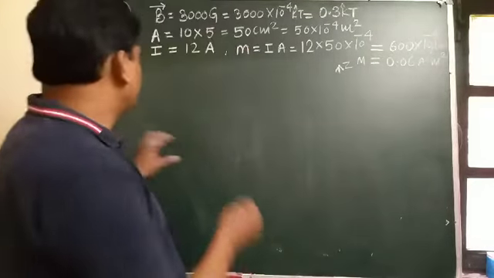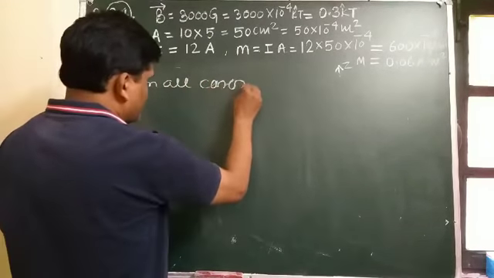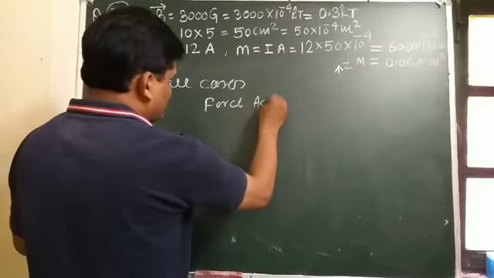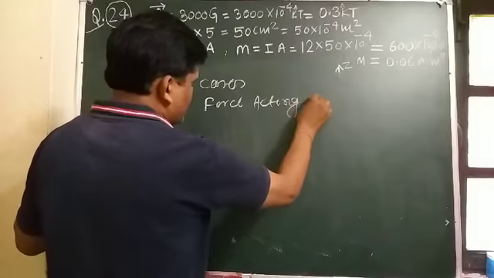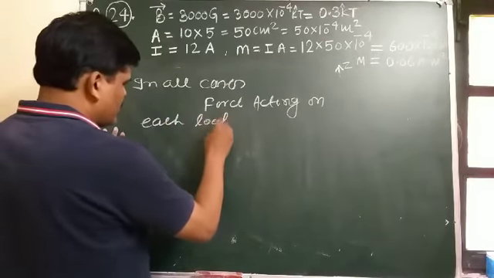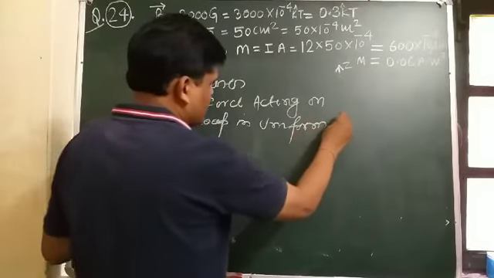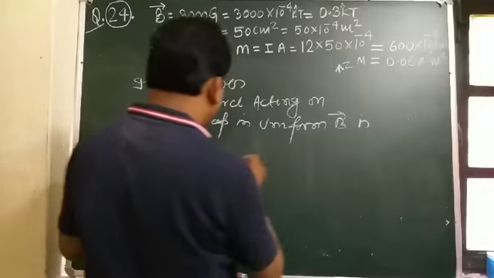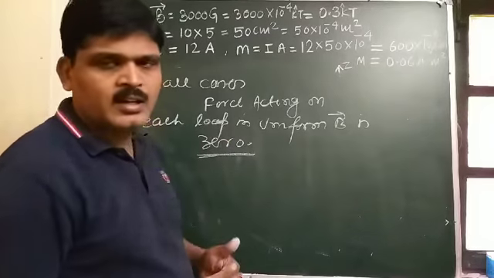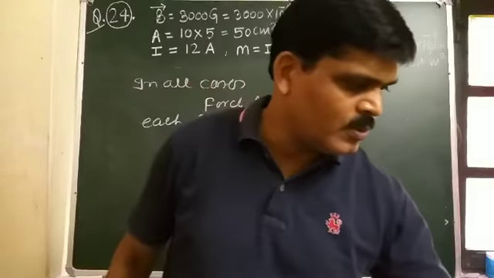So in all cases, the force acting on each loop in uniform magnetic field is 0. And this is the answer of question number 24. And next question.